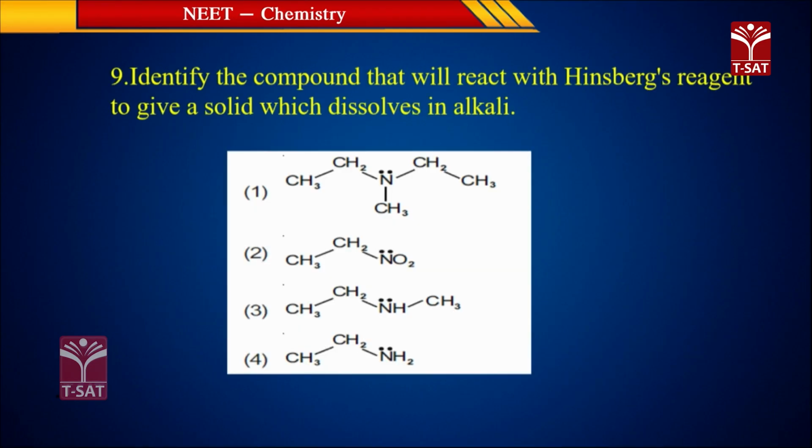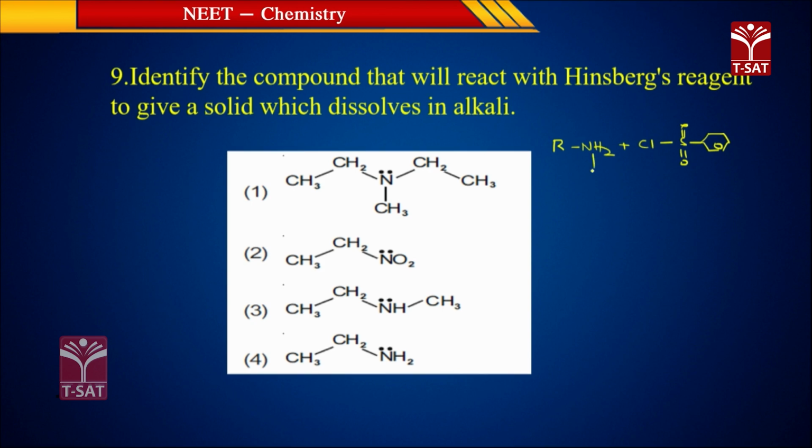And next, coming to the question: identify the compound that will react with Hinsberg reagent to give a solid which will dissolve in alkali. So, generally which will dissolve in alkali, right? So primary amine reacts with Hinsberg reagent like this, that is Cl S double bond O, benzene sulfonyl chloride.